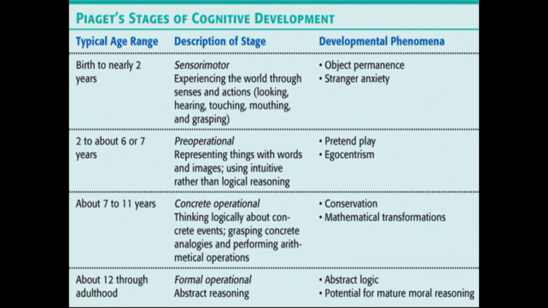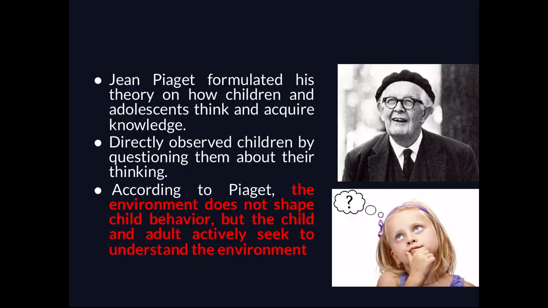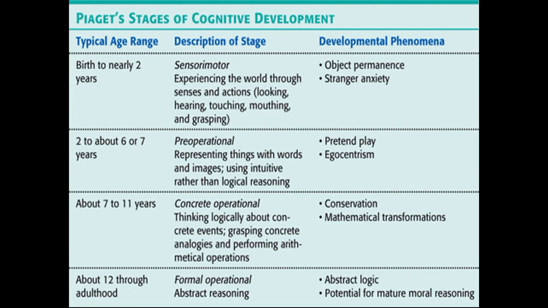Basically there are 4 stages in Piaget's theory of cognitive development: sensorimotor, pre-operational, concrete operational and formal operational. What we need to remember is the age group, the name of the stages and the developmental phenomena present in that stage.